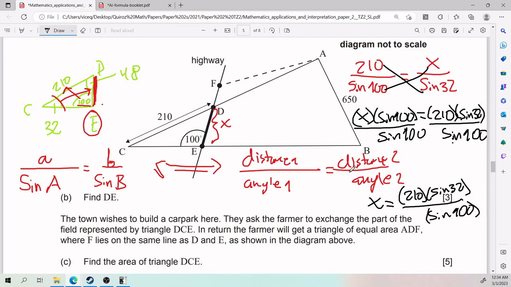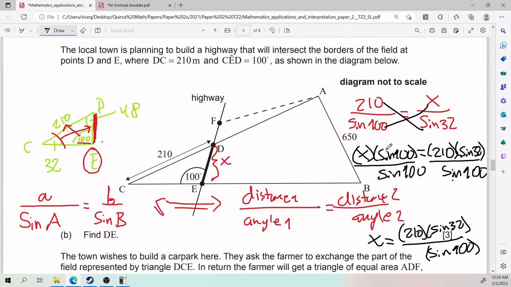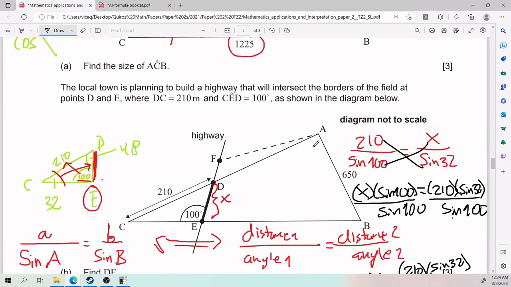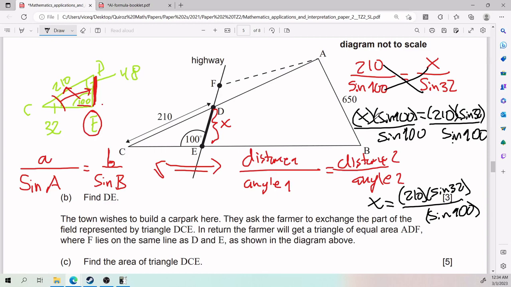Awesome. I'm going to take one moment here and just point out why we don't use sine inverse here. The reason you don't use sine inverse in here is because sine inverse is only if you want to get the thing that's inside. So earlier we used cosine inverse because we were looking for the angle that's inside. See? In this case, X is being affected by sine 100, but it's just being multiplied by sine 100.